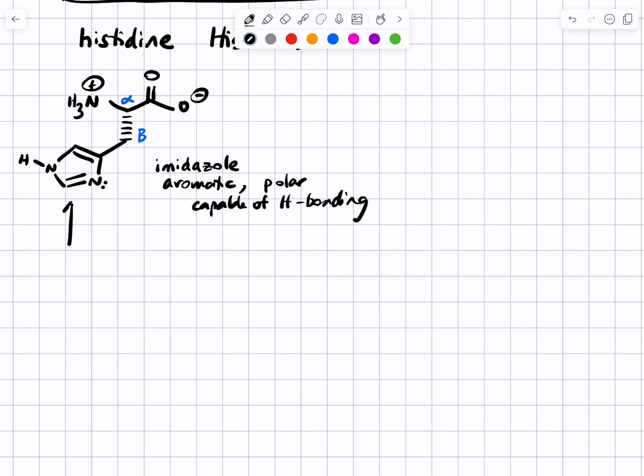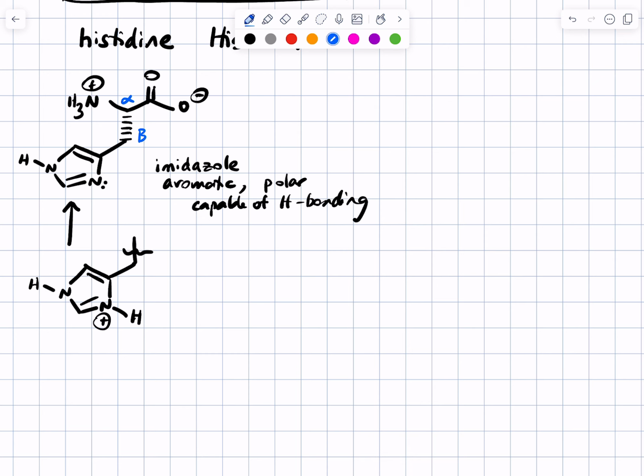However, the imidazole side chain is the conjugate base of a positively charged acidic form, which you've seen before, but which I'll draw for you here. Lone pairs on the nitrogen can pick up a proton to give you this positively charged form.